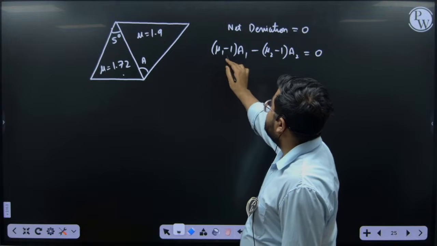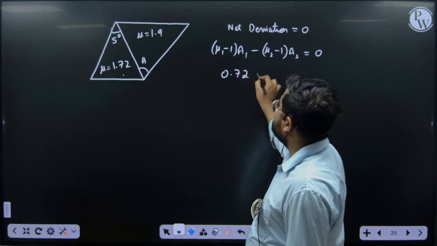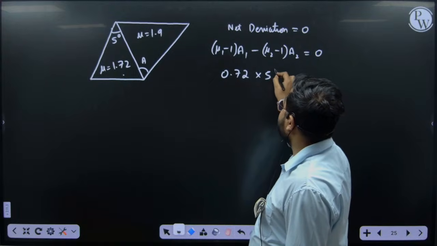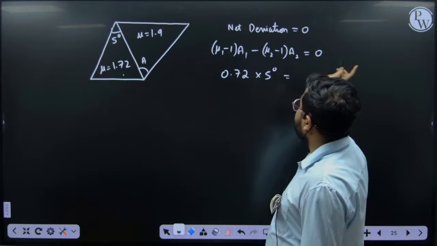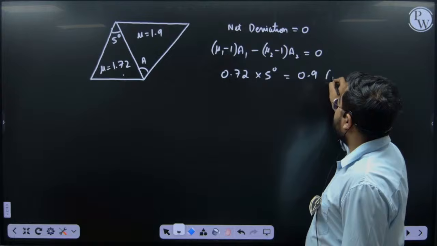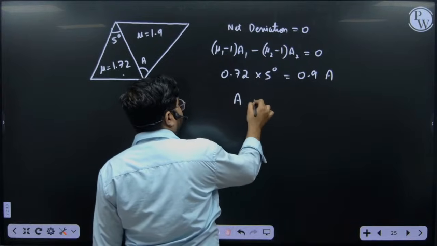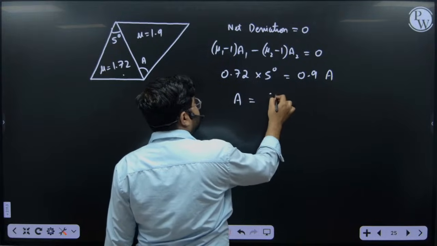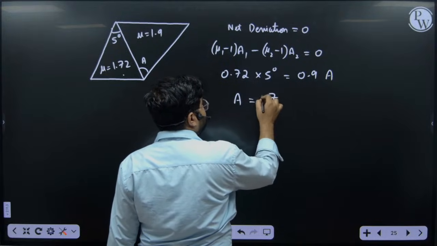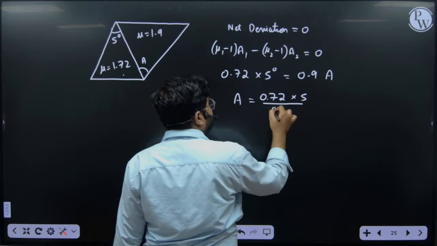Now mu1 minus 1, this is 0.72, A1 is 5 degrees, equals mu2 minus 1, this is 0.9, into A, which we have to find. So from here A can be easily calculated as 0.72 into 5 by 0.9.